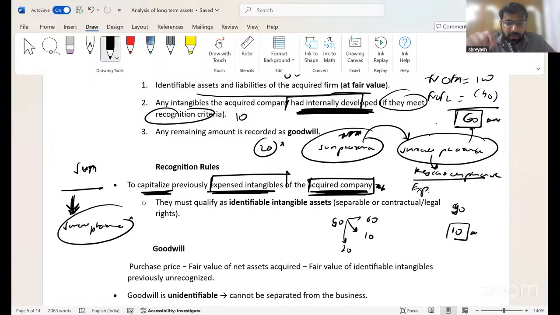Yes, only if the criteria is met. They must qualify as an identifiable intangible asset. That is what the criteria is.